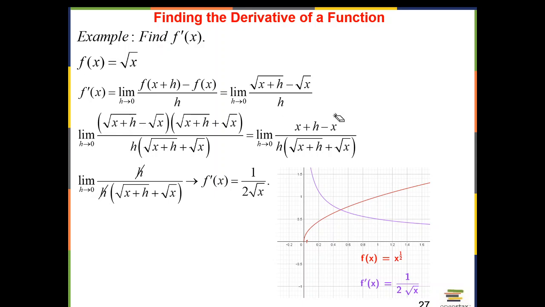And then the square roots go away. Don't multiply in the denominator because we are hoping to cancel h. So simplify the numerator, and then mysteriously somehow, well, mathematically, we get something where we can cancel h. And we get that. So that is the derivative of square root of x.